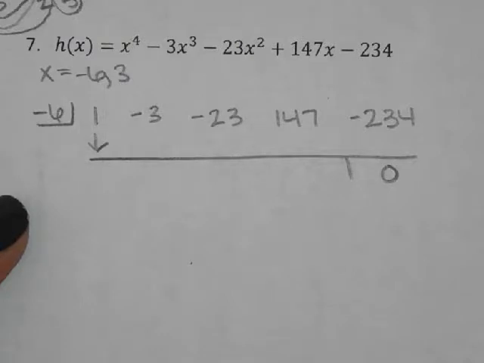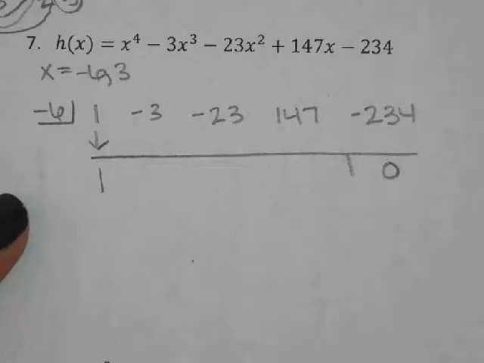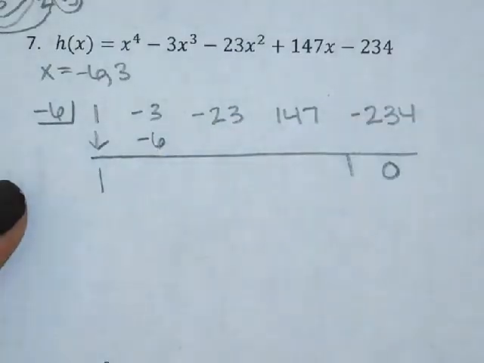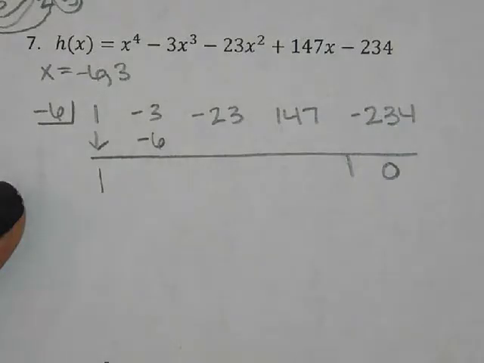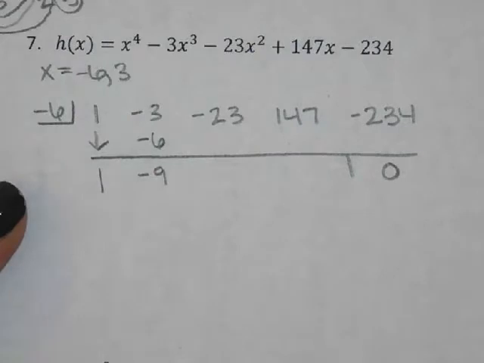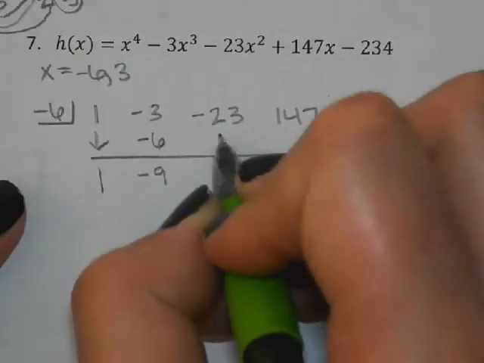All right, so we have the 1, we drop that down, and then what do we do? Multiply by -6, and I get -6. And then what do I do with those two numbers? I add them together. Okay, so add them, I get -9. And then -9 times -6 is 54, but positive, right?